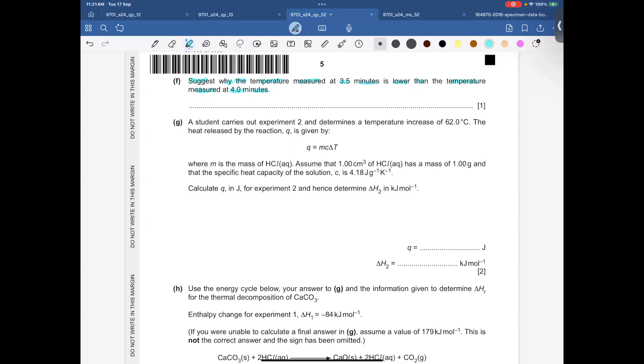If the temperature was lower than at 4 minutes, then it means calcium carbonate did not fully react with hydrochloric acid.